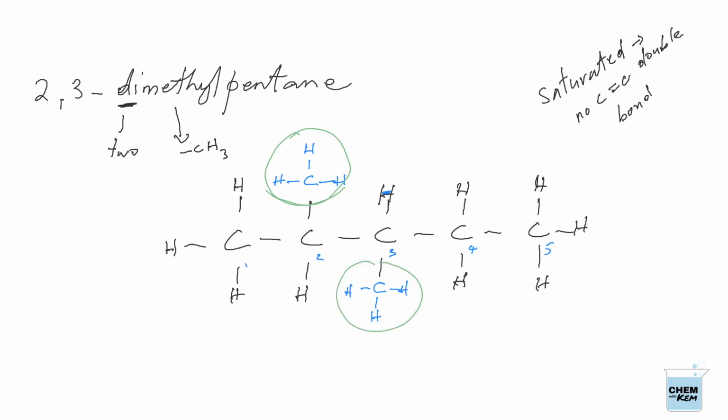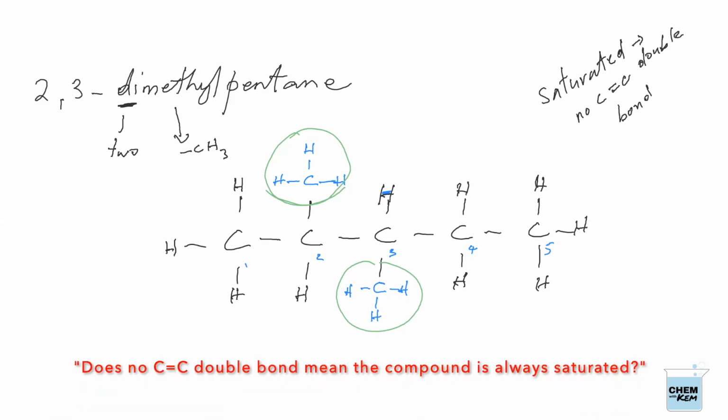All right, guys, questions? I was going to ask if no double bond means it's always saturated. Yes. Once there's no double bond, it's saturated. It's telling us the carbon is just bonded to hydrogen and to carbon. Single bond.